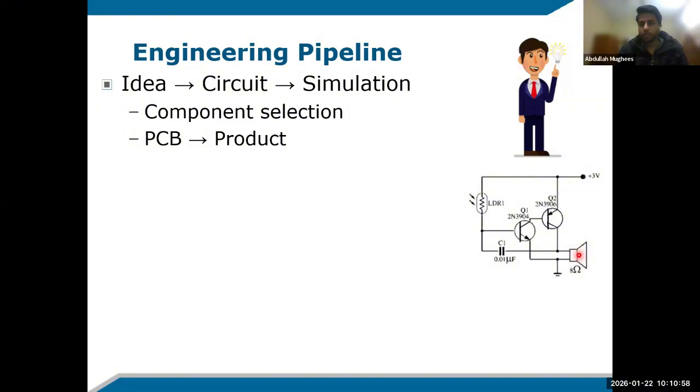So this is a speaker and this is an LDR. I am detecting the darkness and the sunlight using this LDR, and I want this speaker to turn on and off. So I just use some kind of switches and balance the amount of current and voltages that would come from the battery.